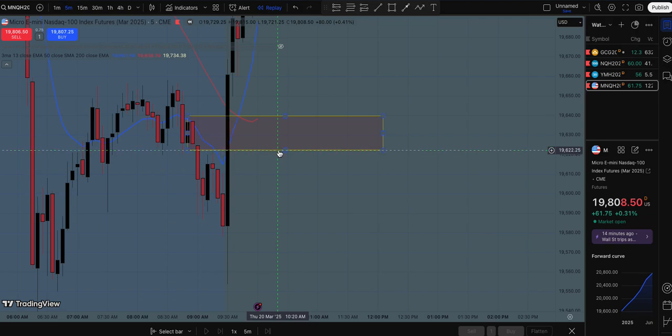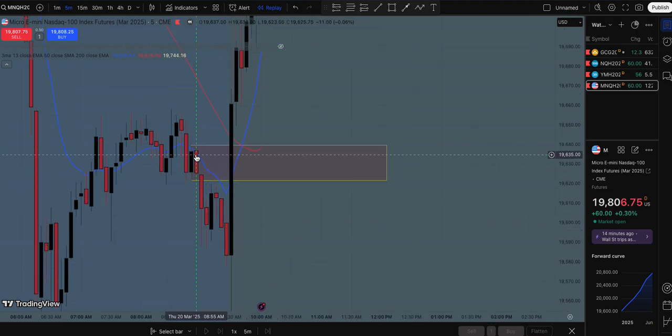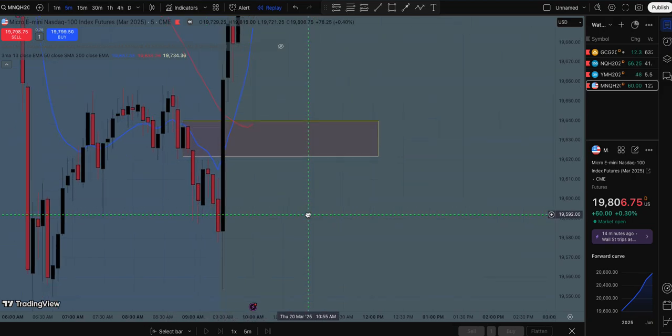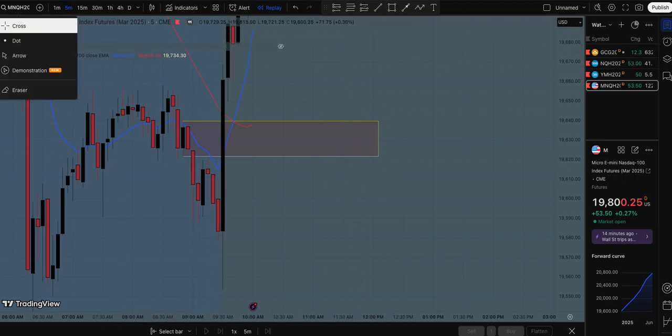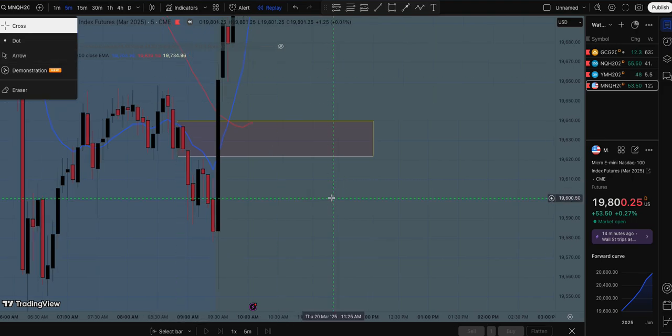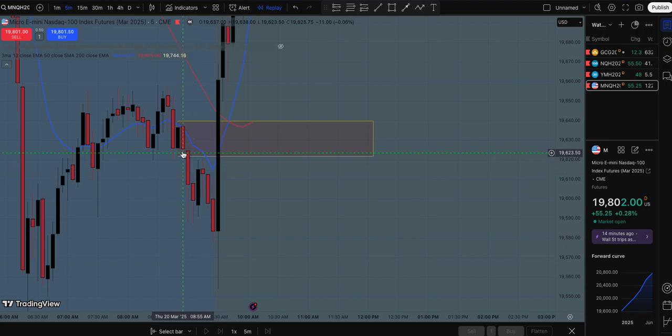This is pretty much how we mark supply. The next thing we identify, and why this is a supply, is that we have a gap right here. It's basic stuff we covered in the first video, but again, we can demonstrate this. Anyway, we have a gap.